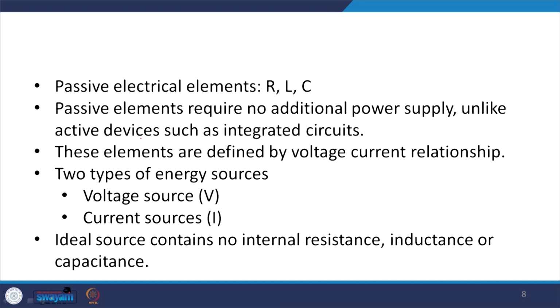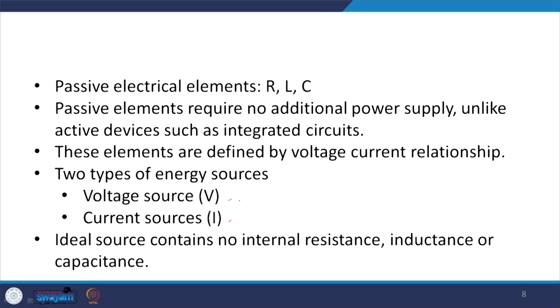And as I said, there are two types of energy sources, that is the voltage source and current source. For the ideal sources, although there are no ideal sources, to simplify our analysis we assume that the ideal sources contain no internal resistance, inductance or capacitance.